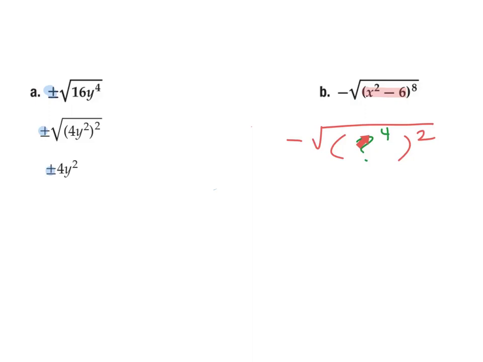Well, what is the thing that has to be raised to the 4th power? X squared minus 6. The whole thing, the whole group has to be raised to the 4th power. Because again, think of it as just one group.